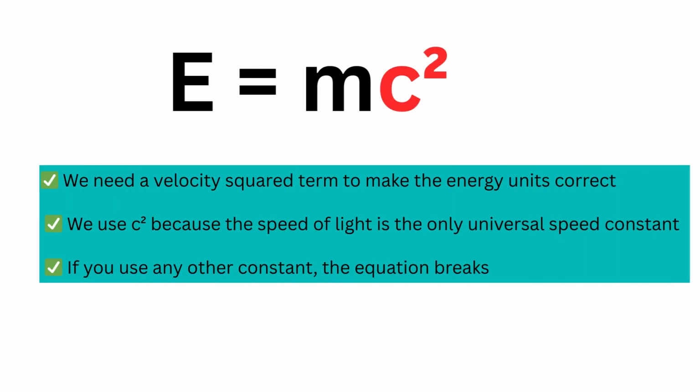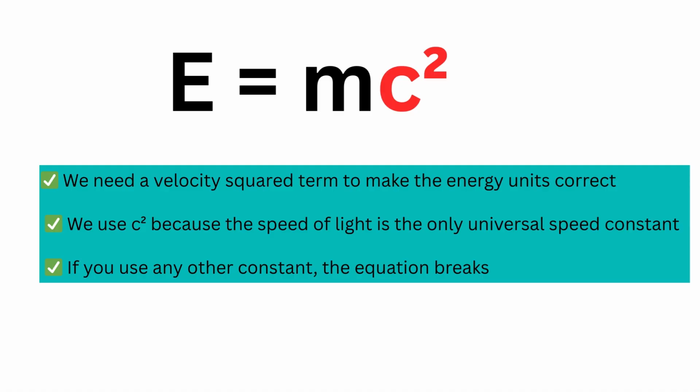So we need a velocity square term to make the energy unit correct. And second, we use c square because the speed of light is the only universal speed constant, and if you use any other constant the equation will break.